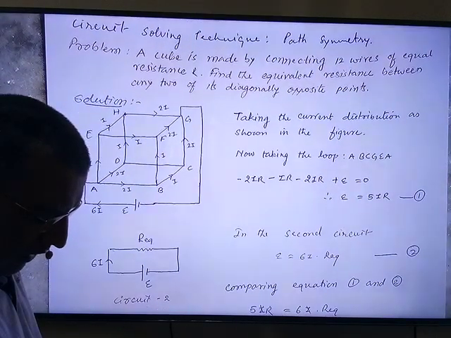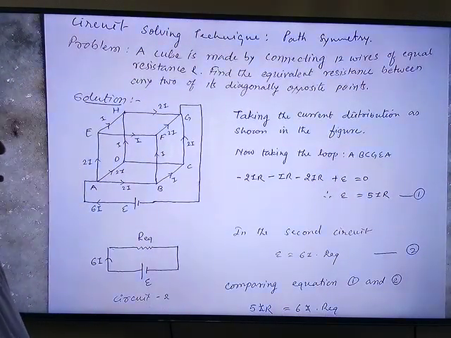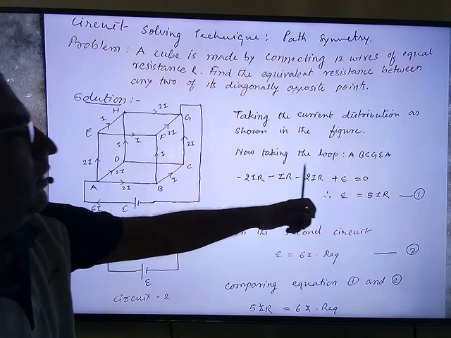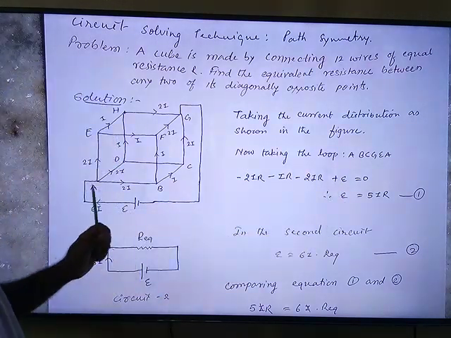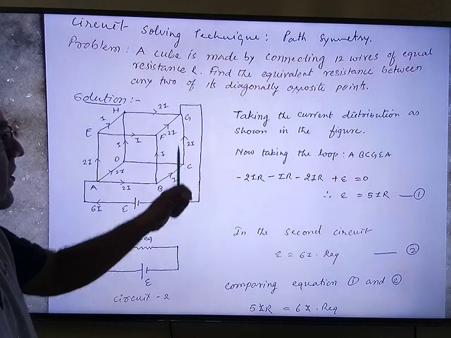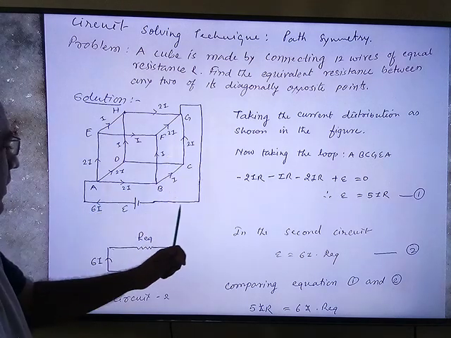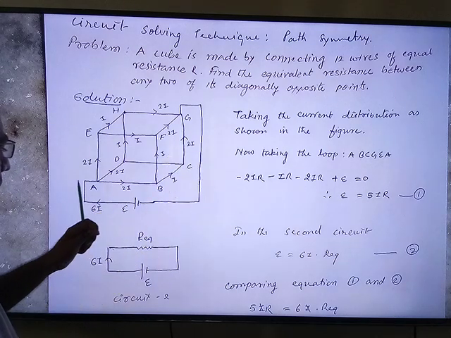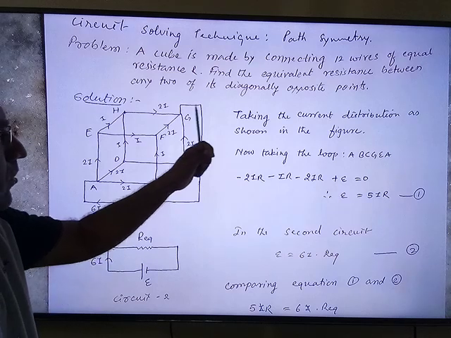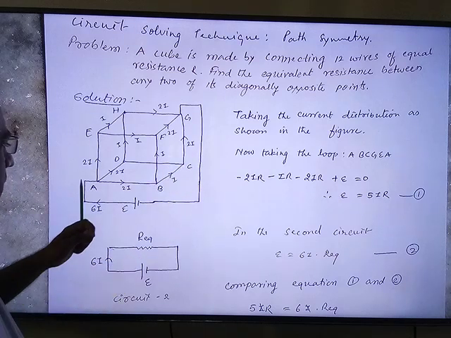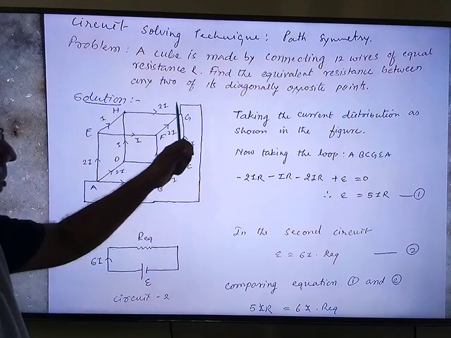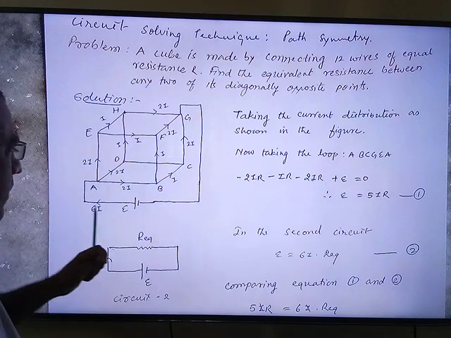Let us now apply the loop rule. Now taking the loop A, B, C, G and then epsilon to again A. So this closed loop I have selected in order to apply the loop rule.